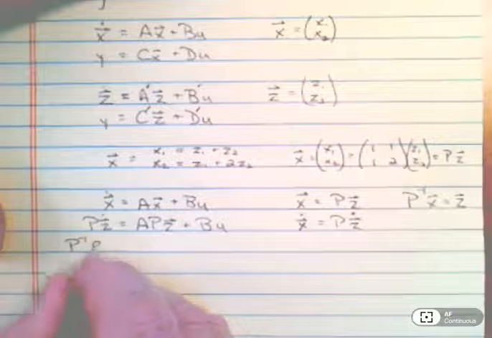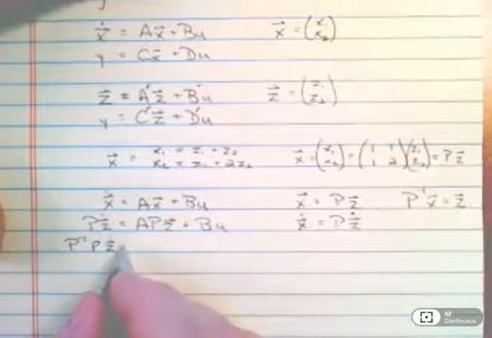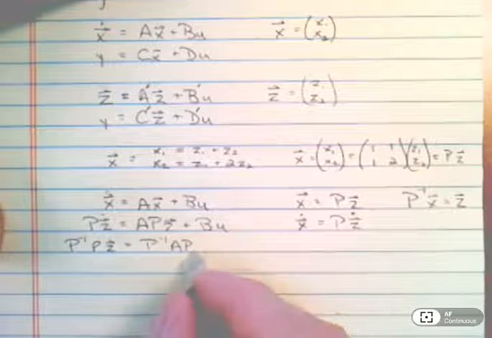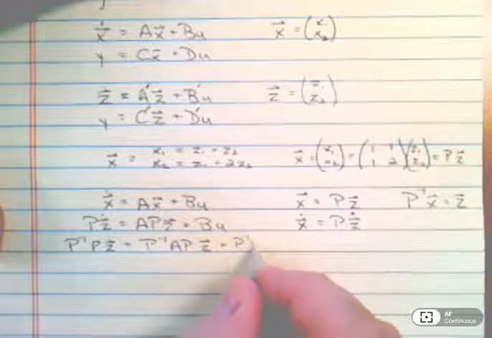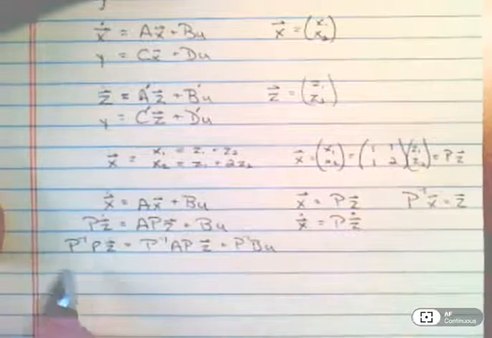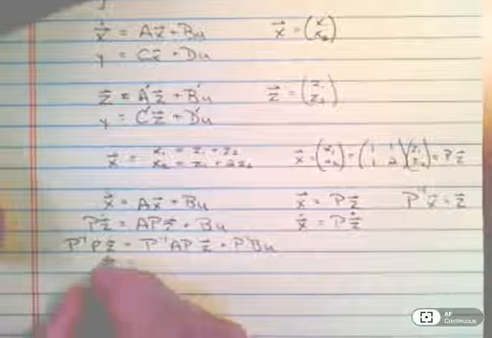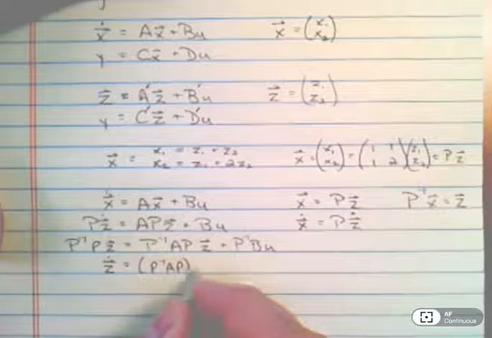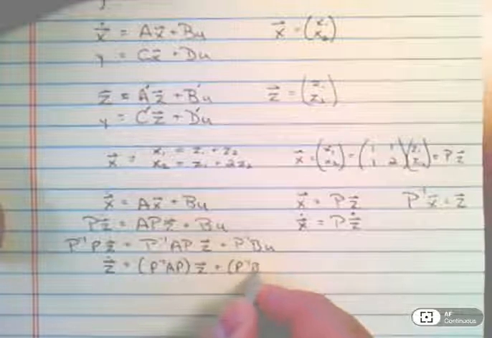So P inverse times Pz, and if I do that, I have to multiply each term over here by P inverse. So I get P inverse AP times z plus P inverse Bu. This will drop out as identity, and I wind up with z dot, the vector, equals P inverse AP z plus P inverse Bu.